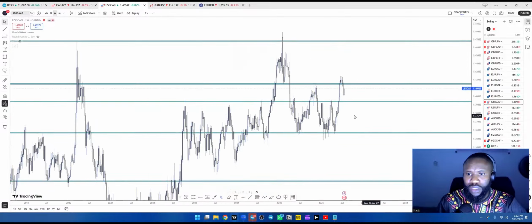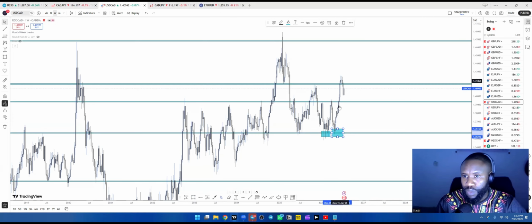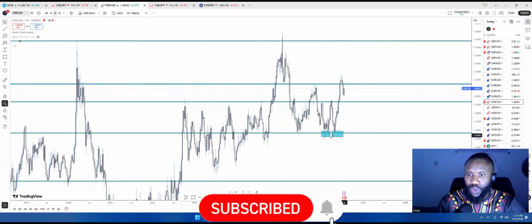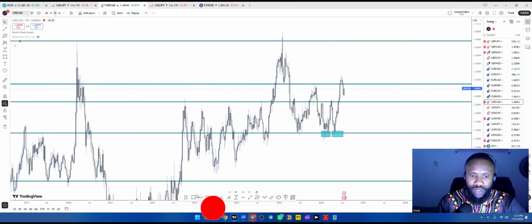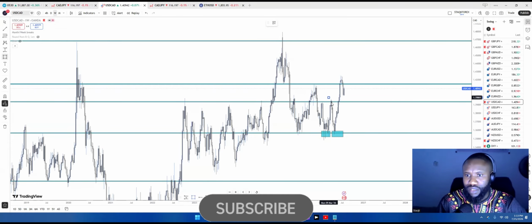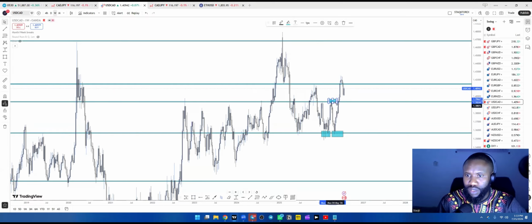On the weekly time frame now, it seems that we have a double bottom on this level, or rather a triple bottom, that pushed this price upward to the upper side. As long as we have a double bottom, here is the neckline of the double bottom.